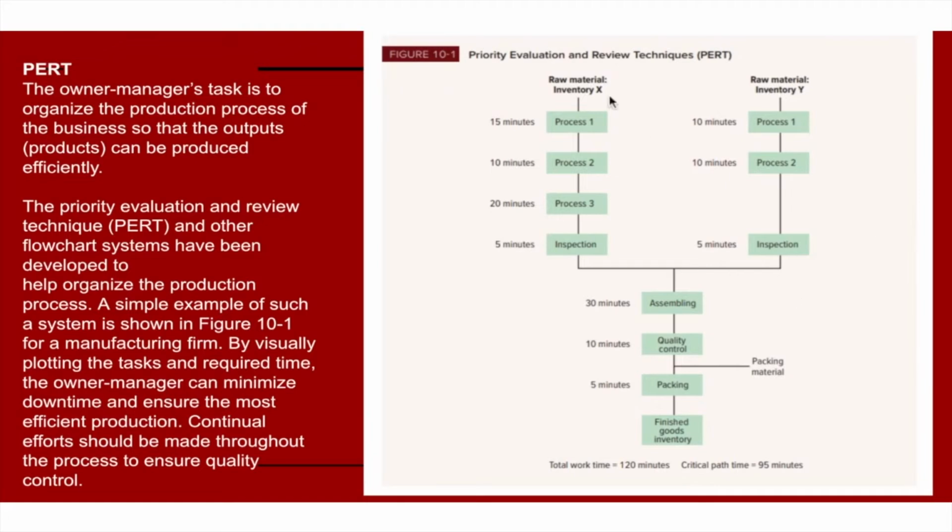Now, each of these processes have their own time. So let's say, for example, this particular cutting, 15 minutes for process 1, 10 more minutes, that's 25 minutes in total, 40 minutes, 45 minutes, 50 minutes. So it's going to take us 50 minutes to get through this section. And this is only going to take 25 minutes in total. But this one is going to be idle for 25 minutes while this one finishes up.